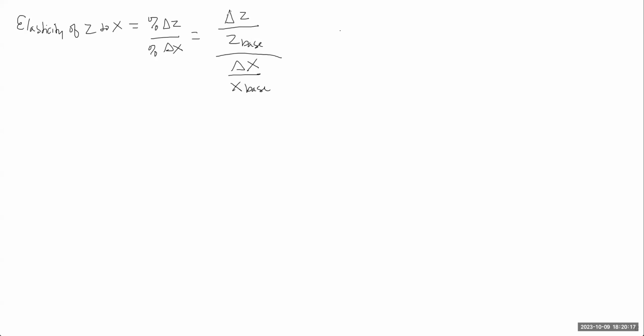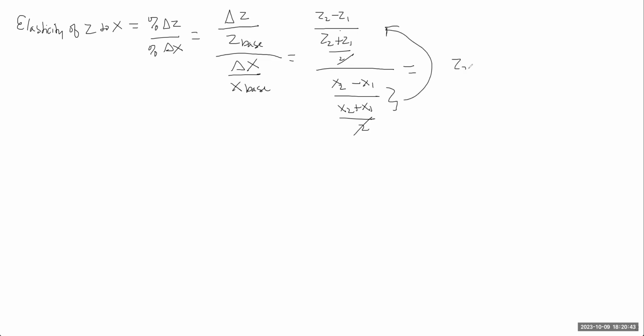All right, let's do this. So then this would equal (Z2 minus Z1), that's the change, over ((Z2 plus Z1) divided by 2), over (X2 minus X1) over ((X2 plus X1) divided by 2). This 2 cancels with this 2, and we could flip this and put it up here, and you get (Z2 minus Z1) over (Z2 plus Z1) times (X2 plus X1) over (X2 minus X1).